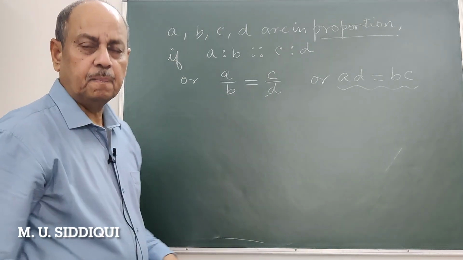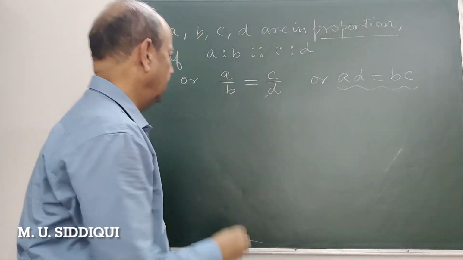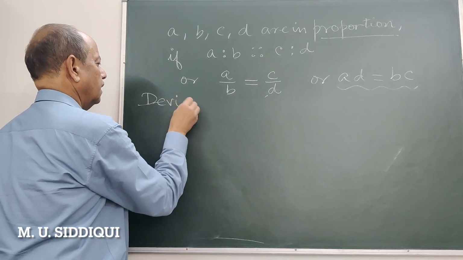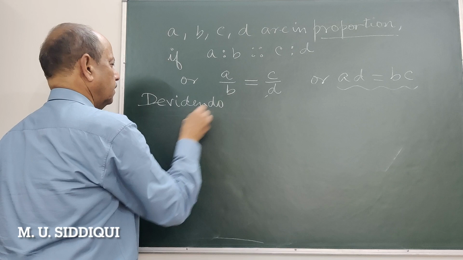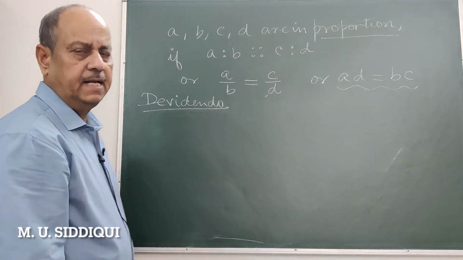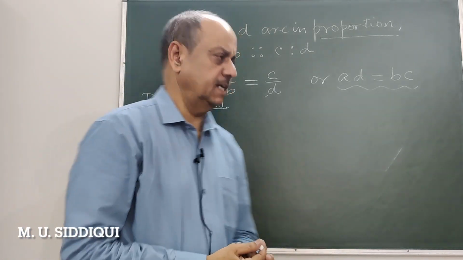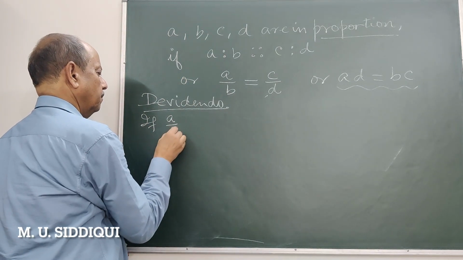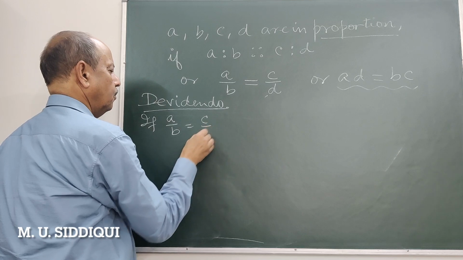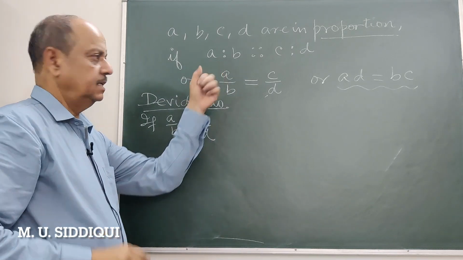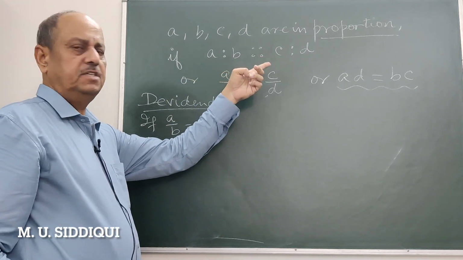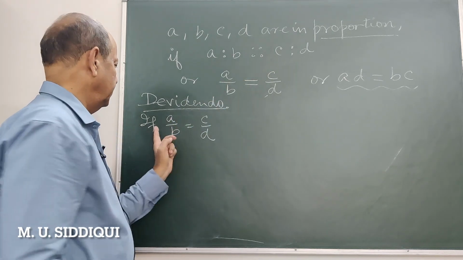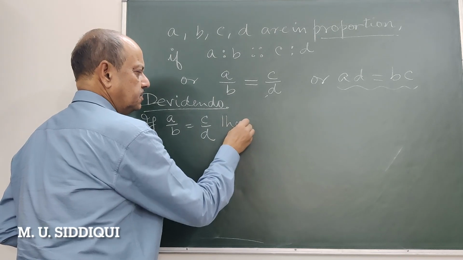Another property is called Dividendo. We are subtracting something instead. If A upon B is equal to C upon D, as it was, either you said A is to B same as C is to D, or you said A upon B is equal to C upon D, then what does this property say?